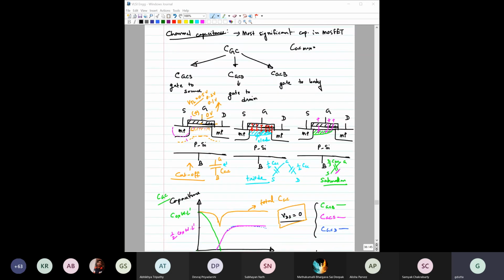Then we started our discussion on channel capacitances. We have seen that the maximum channel capacitance is basically the gate capacitance.